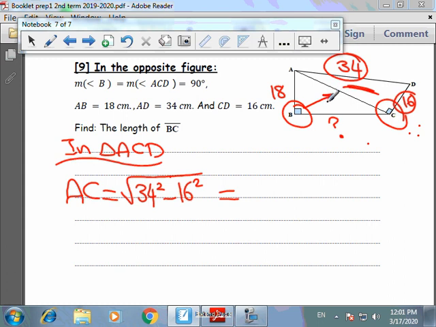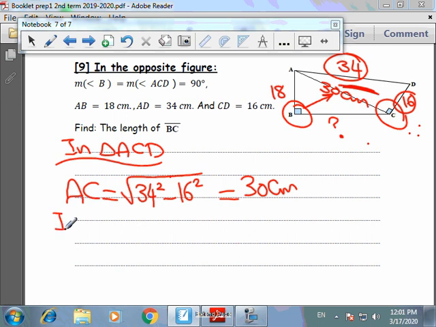It's hypotenuse in the other triangle, but now I'm in triangle ADC. So 34 squared minus 16 squared equals 30 centimeters. Okay, now I know that AC equals 30 centimeters.